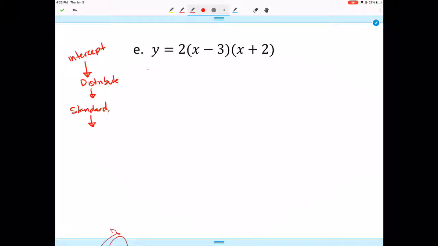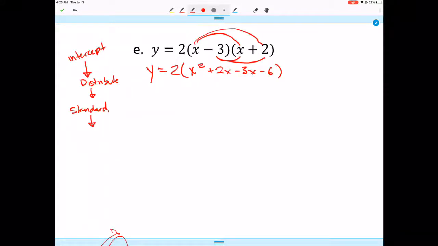We want to distribute. So we can keep that 2 out there in the front, and then we are going to FOIL. So that gives us x squared. X times 2 is positive 2x, negative 3 times x is minus 3x, and then negative 3 times 2 is negative 6.